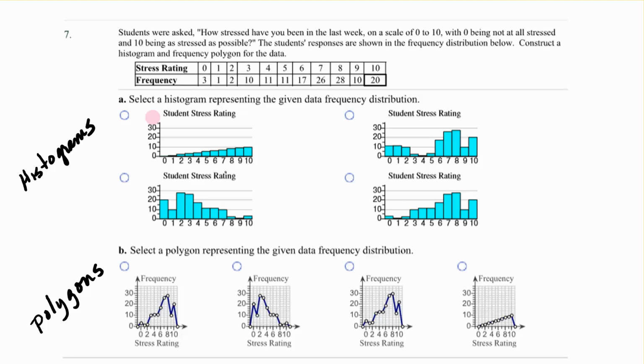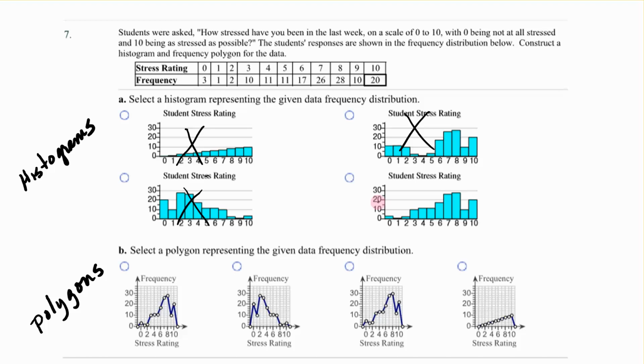So to find this, we would say, okay, which of these represents this data? Well, when the stress rating was 0, were there 3 people? All right. 0, 0. Can't be that one. 0, 20. Can't be that one. 0, 10. Well, it can't be that one. 0, well, that's less than 5, so that might be 3.